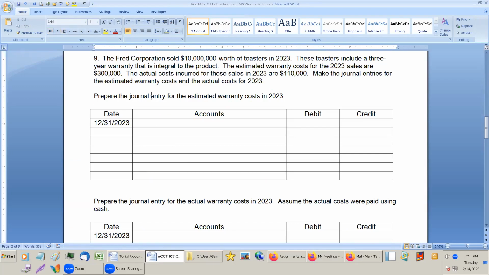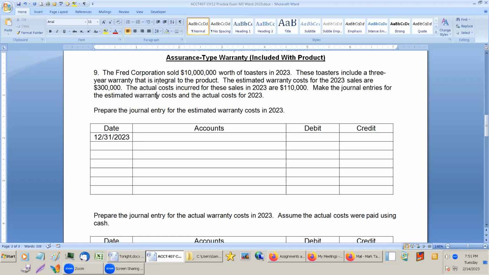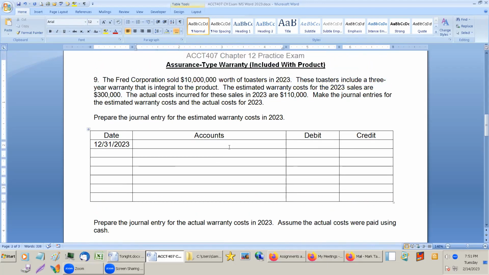This one says estimated warranty costs. I'm going to put in the sales too. I think on the test I have sales also. I'm almost positive the test I put it.